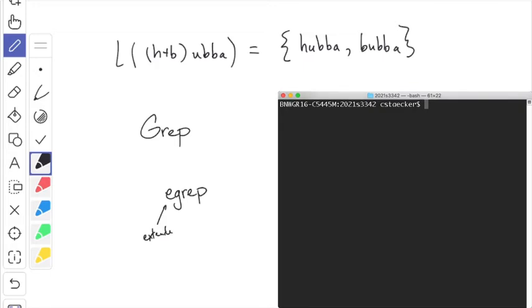What grep does is it takes a regular expression and a file, and this works on an ordinary text file.